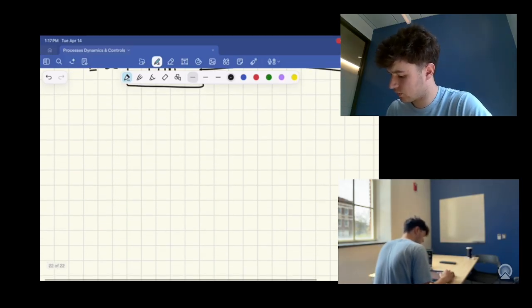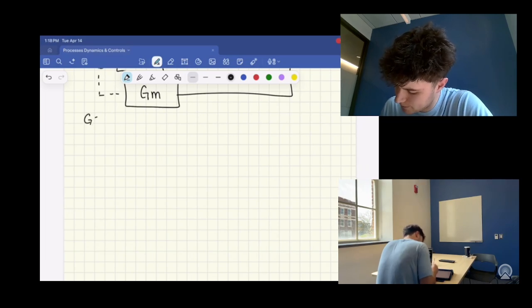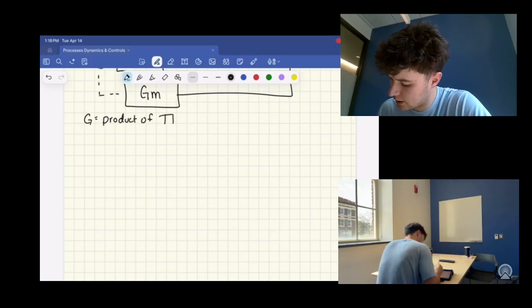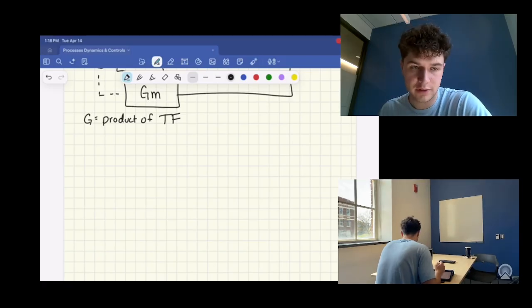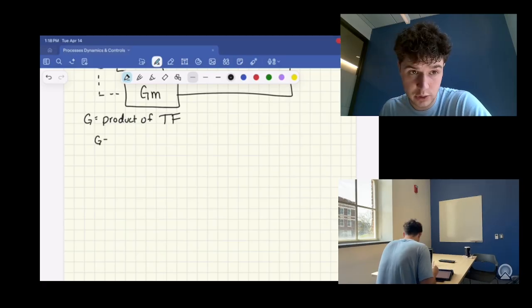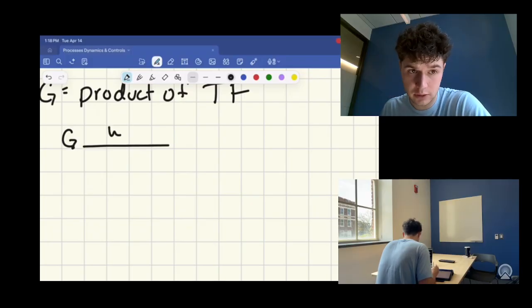So as I said, we now have quite a bit of algebra to do. The first thing we want to say is that G equals the product of the transfer functions. Now, the first equation is quite a long one, so you're going to say that G is multiplied by ω over s squared plus ω squared.